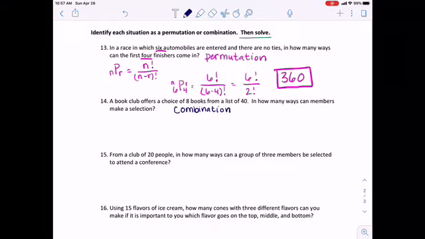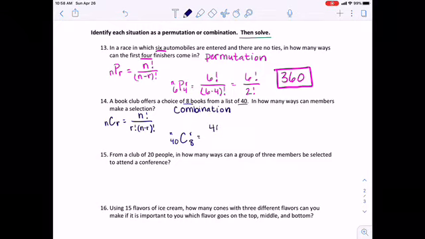Now remember that the formula for a combination is n choose r, and that formula is n factorial over r factorial times n minus r factorial. So in this case, I am choosing 8 books from a list of 40. So I have 40 books, and I want to choose 8 of them, which means that the 40 is my n and the 8 is my r.